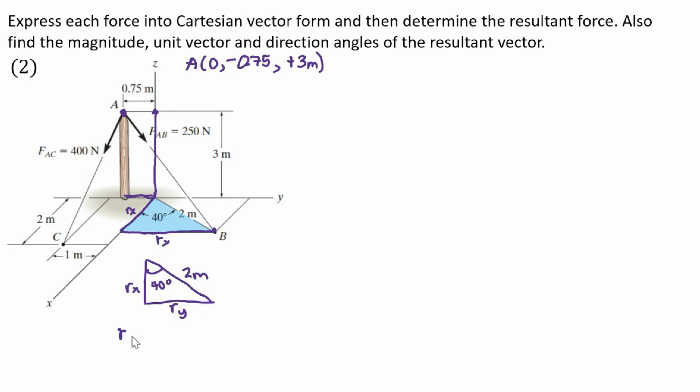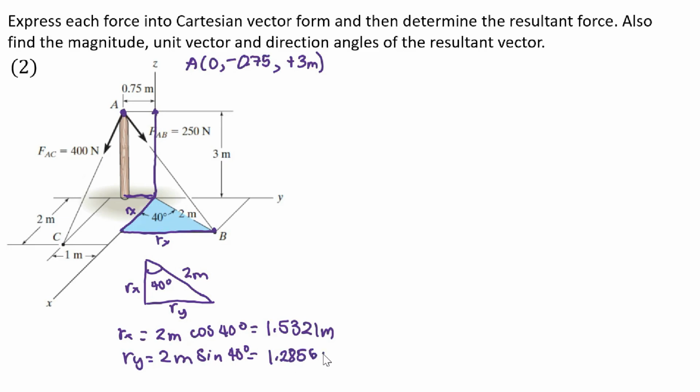To get Rx, it will be adjacent, so that is 2 meters cosine 40 degrees, which is equal to 1.5321 meters. For Ry, that will be 2 meters sine 40 degrees, because our Ry is opposite of 40 degrees. That is 1.2856 meters.